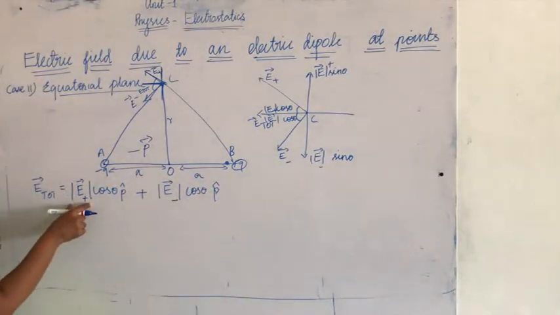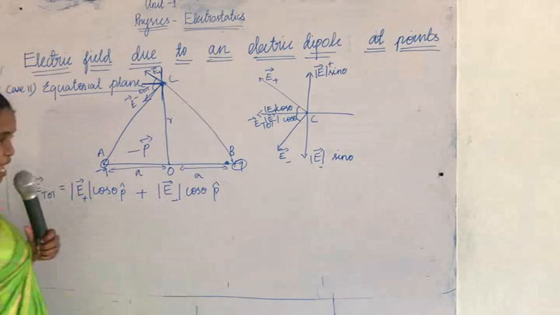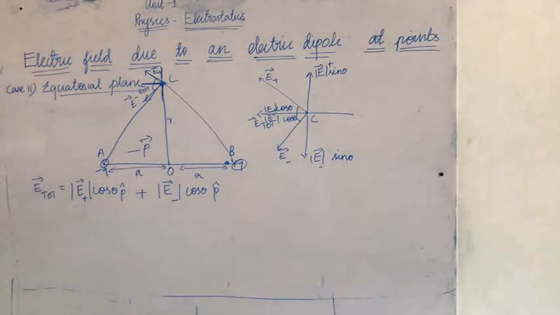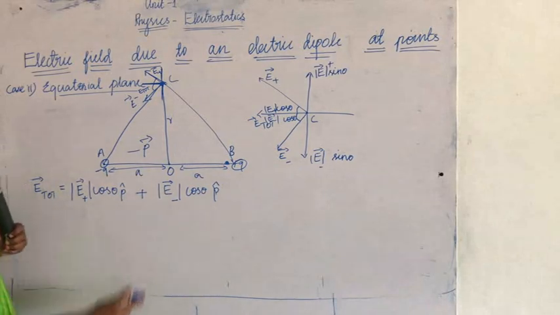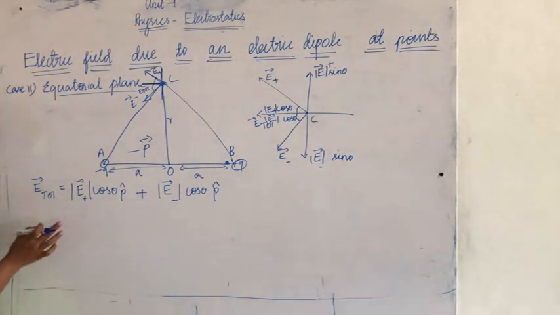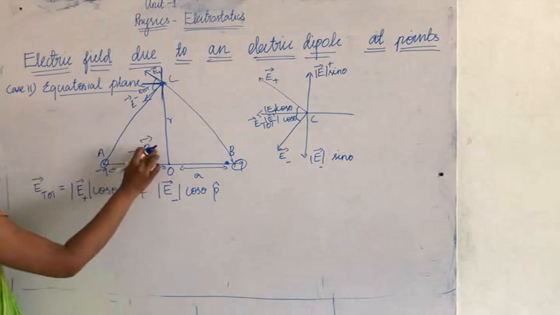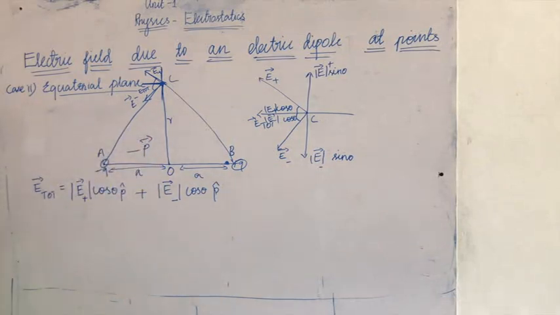Now E plus vector and E minus vector have the same magnitude, which means they both will have the same values. Now E total is an application of the superposition principle. So we are adding it, but the dipole moment is in the direction of negative, so we are going to apply minus on both sides.